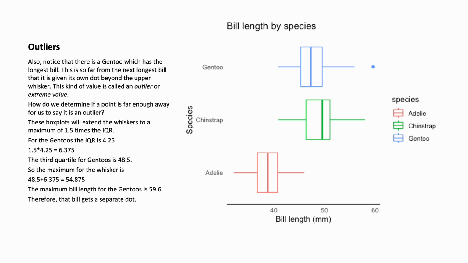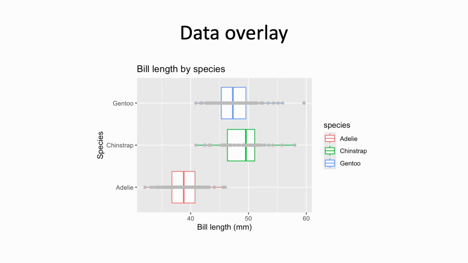The good thing is that even though there's a lot of multiplying and dividing and it seems like you have to use a calculator, you don't, because fortunately these days we can use software to create box plots. Here you can see we've added the representation of the original points to the box plots, and this can help us see a little bit better how the original distributions work.